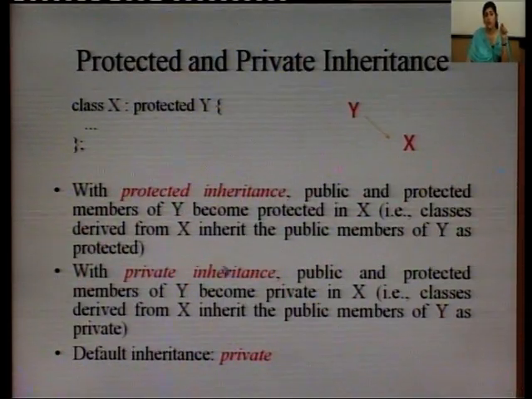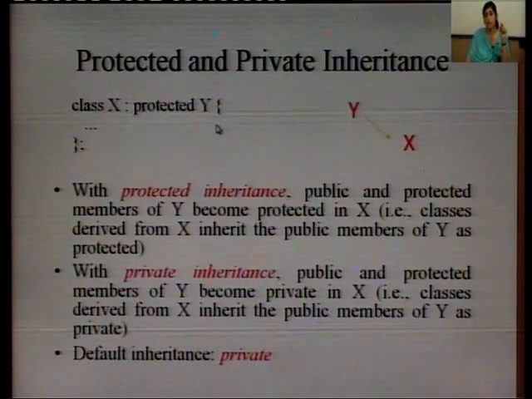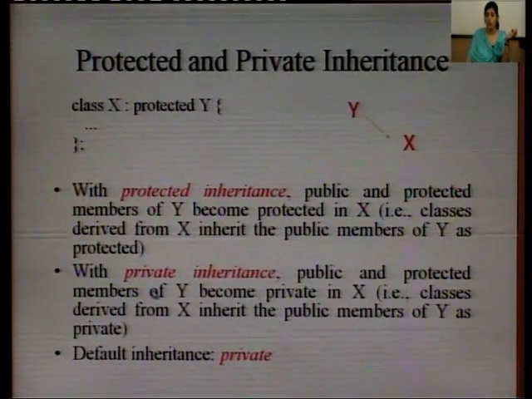With private inheritance, if we use the private word here, class X colon private Y, then obviously the public and the protected members of Y will become private in X. Clear?